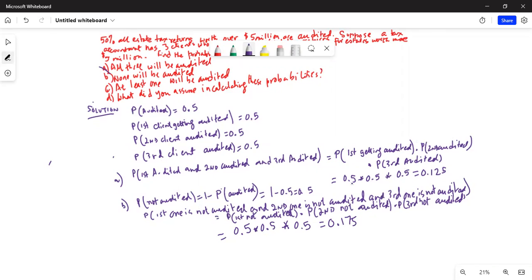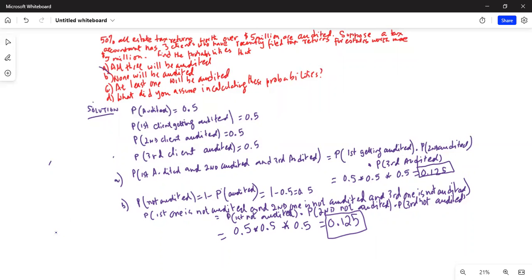Sorry. So part B, the answer is also 0.125. And part A, we already saw the answer is 0.125. First one is audited and the second one is audited and the third one is audited. So part A and part B have the same answer.